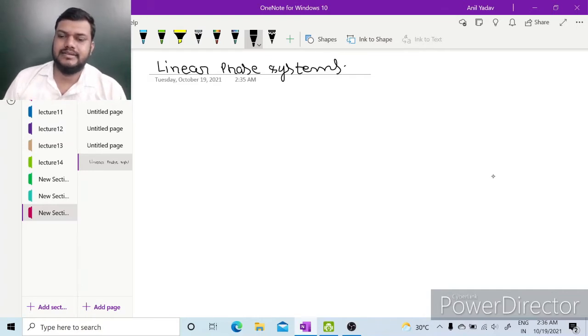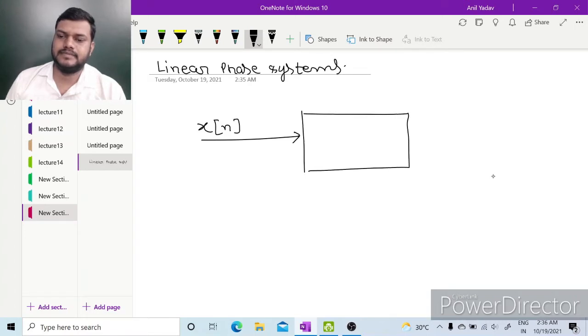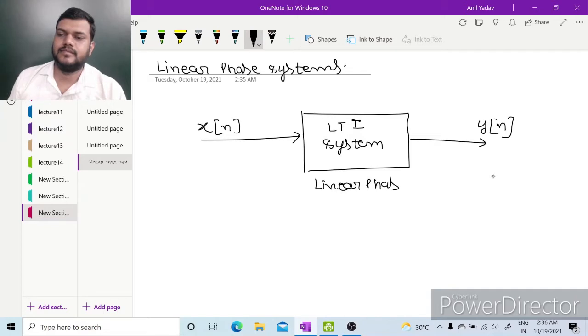So let us see, in a linear phase system, let us say input is x[n]. This is our system, an LTI system, and y[n] is the output. If it is linear phase, then y[n] will be x[n minus n0].